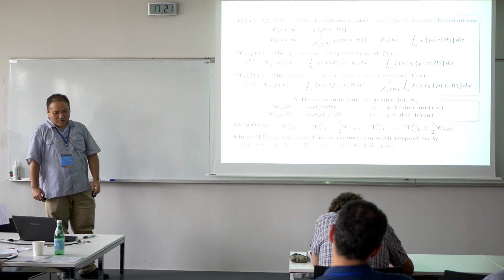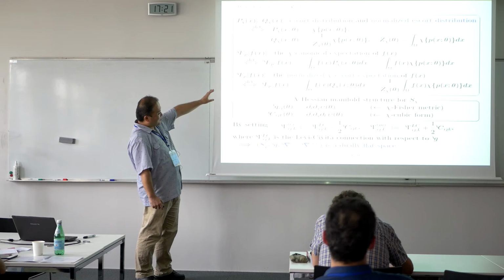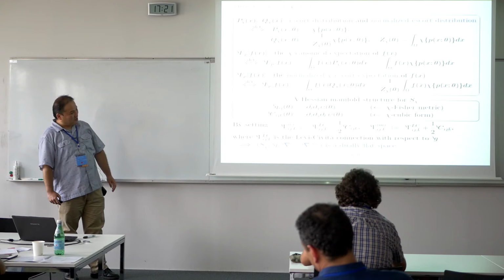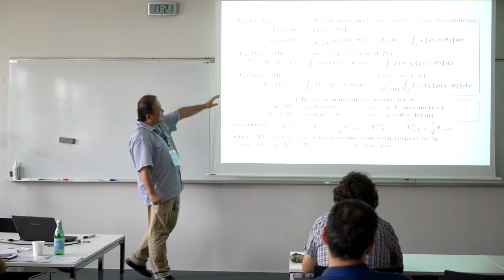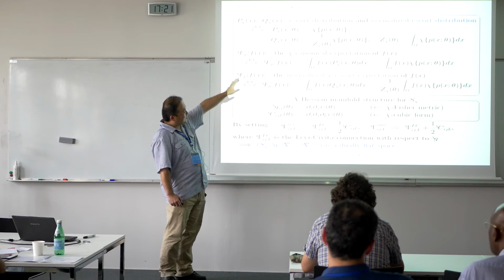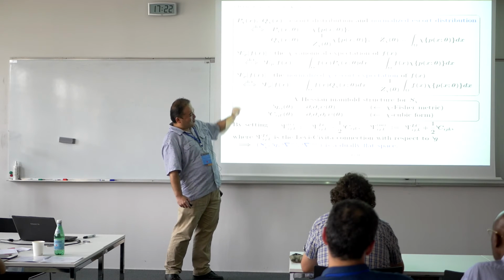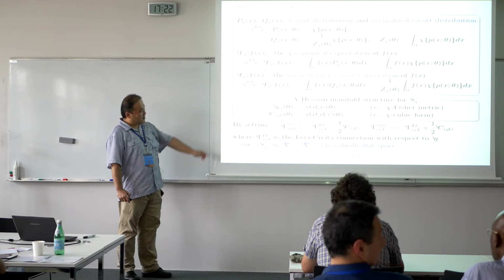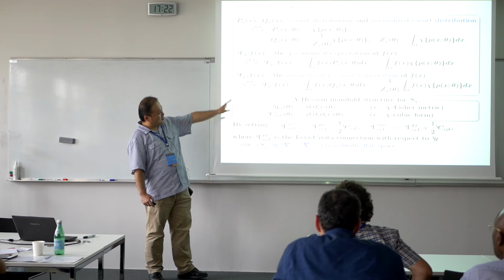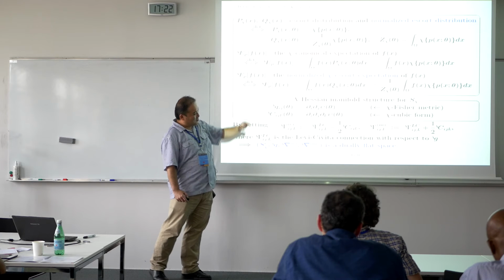So okay, let us consider the geometric structure, but we need the escort distribution. Using a deformation function, we can define the escort distribution and the normalized escort distribution like this. Then we consider expectation with respect to the escort distribution.